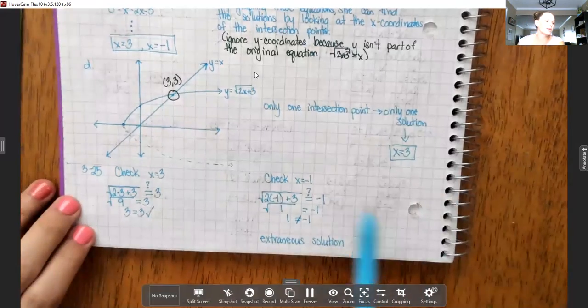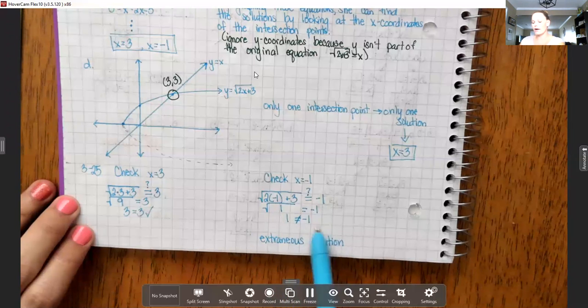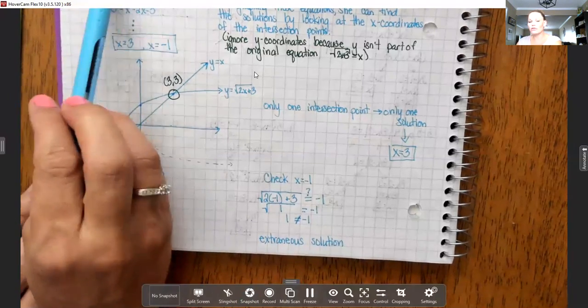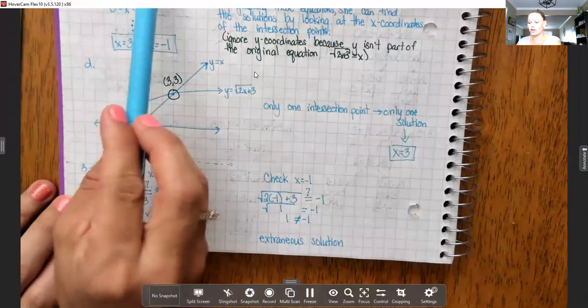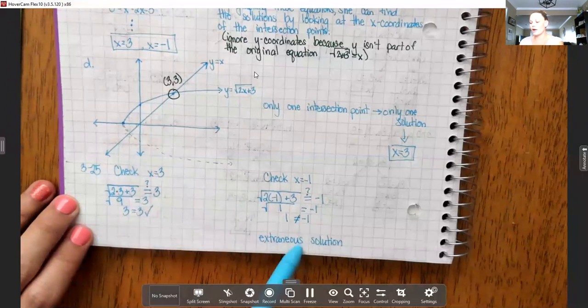So an extraneous solution doesn't mean you made a mistake. Usually when we check our answer and it doesn't work, it's because we made a mistake. This means you solved it correctly, but the algebra manipulated the equation. Here, we made the second half of the parabola, which makes it not true.